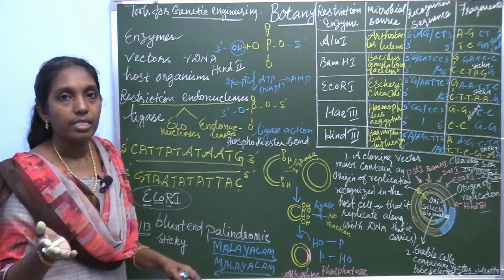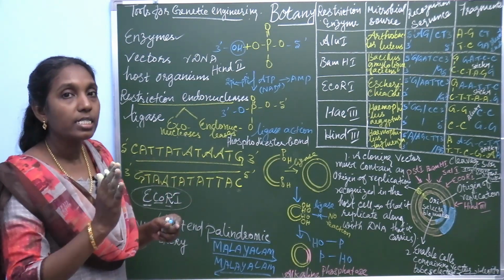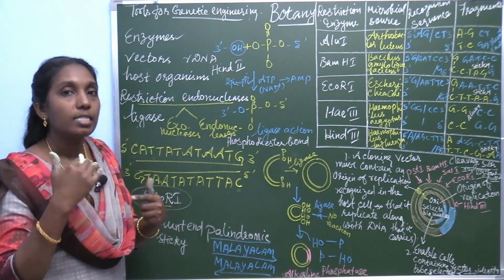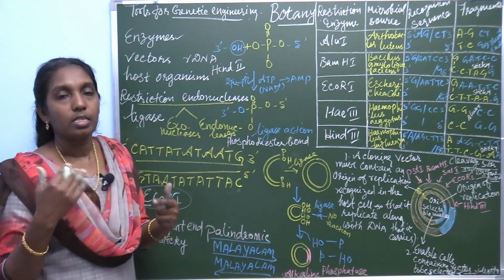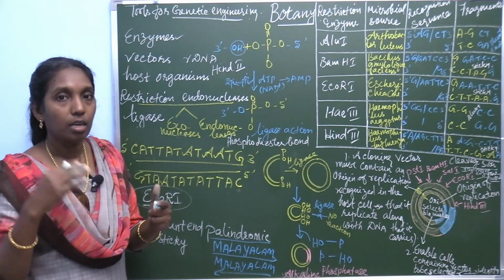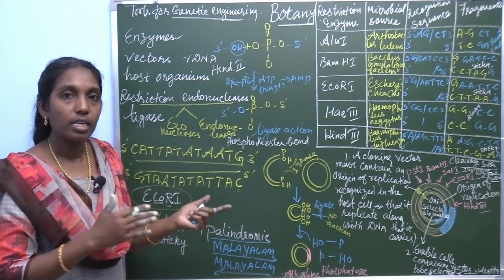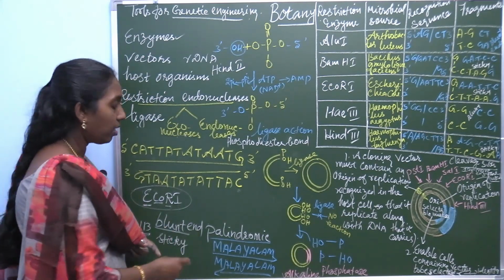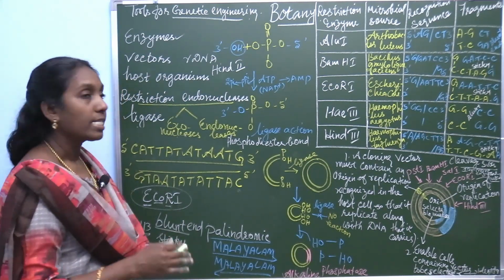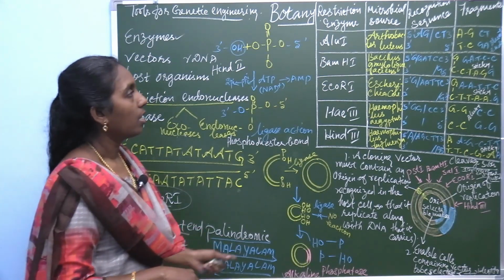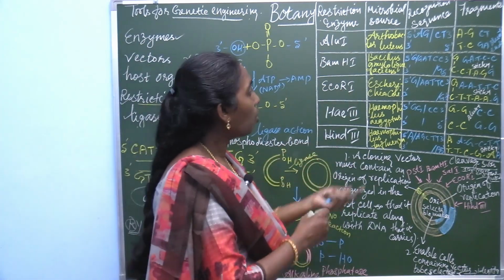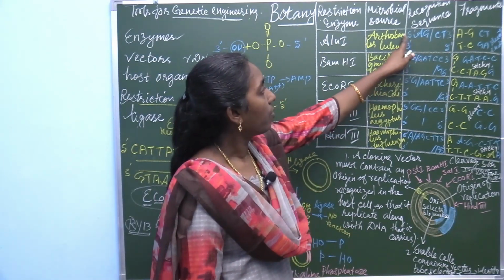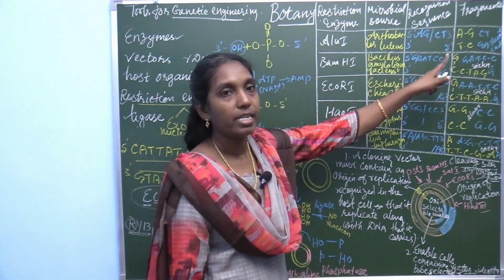So two different ends are there. A blunt end cuts in the center of the sequence, and a sticky end cuts off-center. The same enzyme cuts either in the center or off-center. If it cuts in the center, it is called a blunt end or flush end, and otherwise a sticky end or cohesive end. The sequence here is, in the 5' to 3' direction, AGCT.